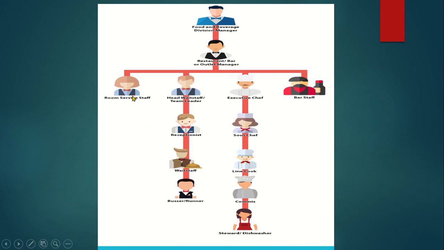And for the room service staff, they perform tasks that include maintaining supplies, taking orders, completing tasks assigned by the manager, being polite to guests, collecting dirty dishes, and restocking mini bars.